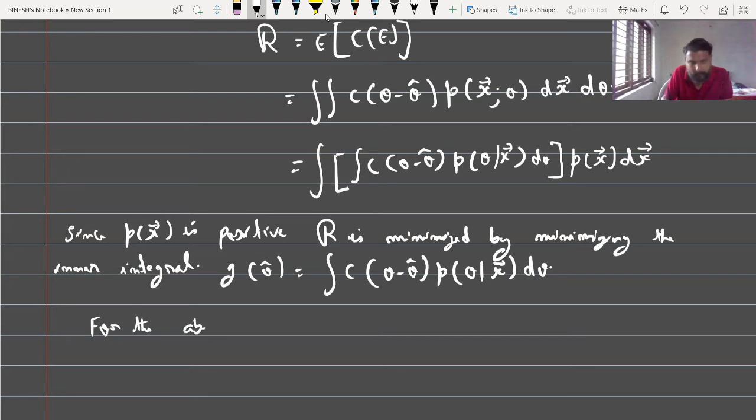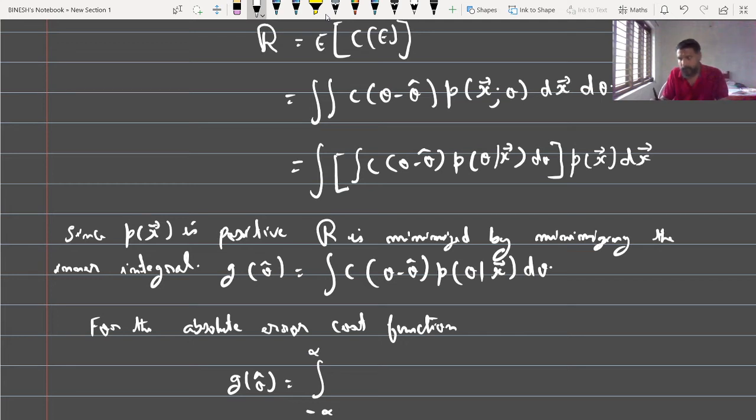For the absolute error cost function, g of theta cap is nothing but the integral from minus infinity to infinity of modulus of theta minus theta cap into P of theta given x, d theta.